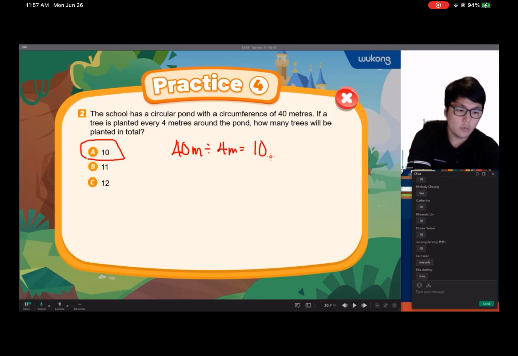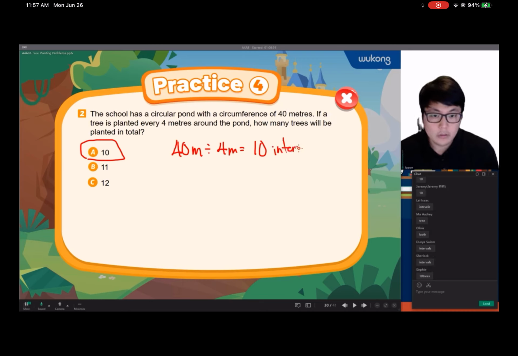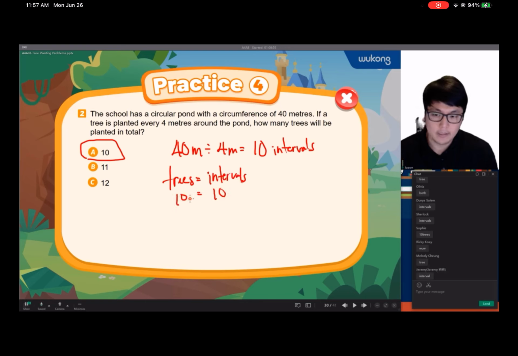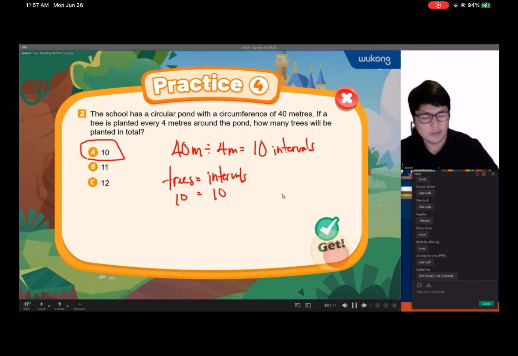If you divide, what did I tell you? Yes, you're finding intervals. Good. Intervals. So that means, since it's a closed row, trees and intervals will be the same. Well, that means 10 and 10. So what do you say? Give me my stamp. Okay, good.